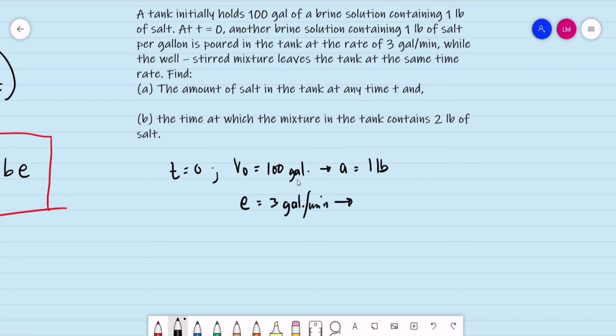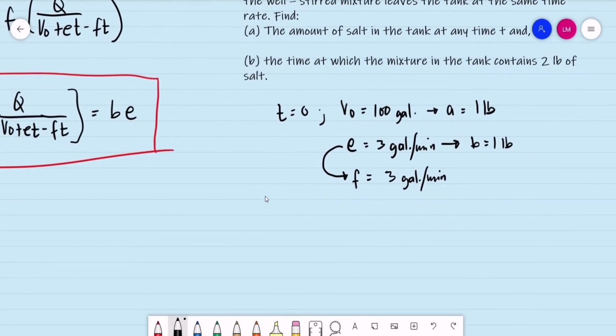The amount of salt in that brine solution is 1 pound, that will be the value of B. Then according to the problem, the well-stirred mixture leaves the tank at the same rate, so the value of E is the same as the value of F, 3 gallons per minute. Then we try to substitute. Again, the concentration of salt leaving the tank is not given.